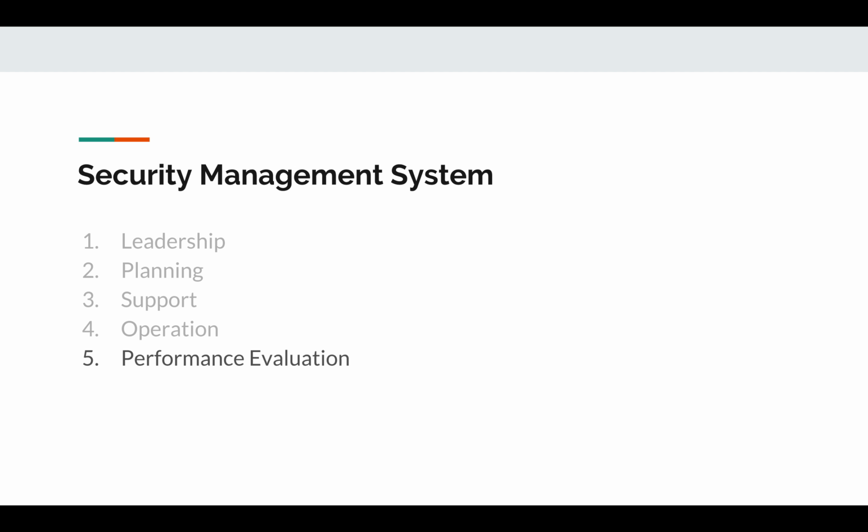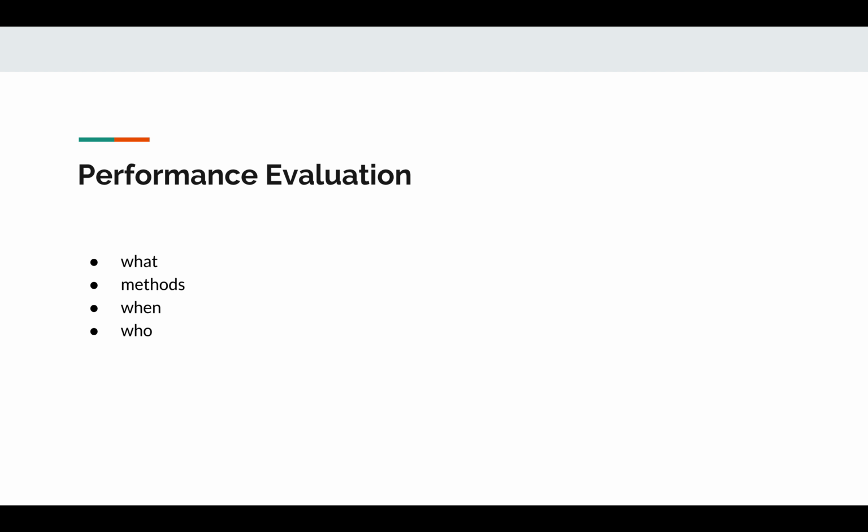So the performance evaluation is about monitoring, measurement, analysis, and evaluation. So the organization shall evaluate the information security performance and the effectiveness of the communication, the effectiveness of the management system, the effectiveness of the people, the employees, and in more detail the organization shall determine what needs to be monitored or measured, including security processes and controls.